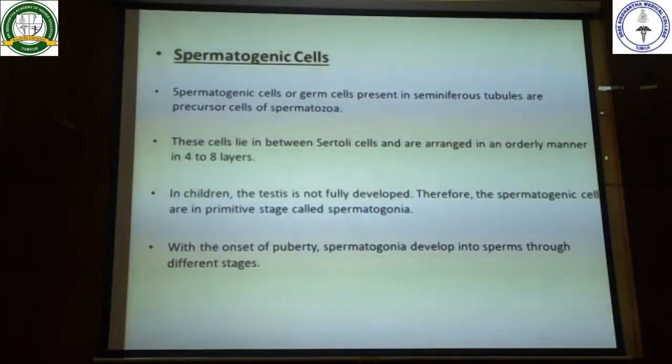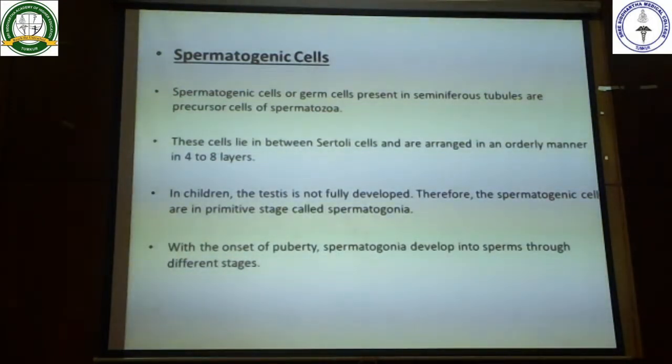Let's discuss the 2 different cells present in the seminiferous tubules: the spermatogenic cells, or germ cells, and the Sertoli cells, or supporting cells. The spermatogenic cells are the precursors of the spermatozoa.